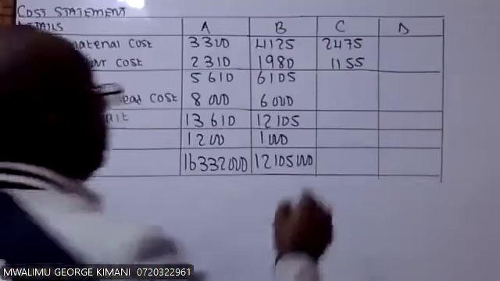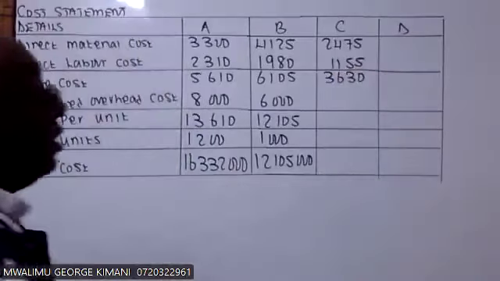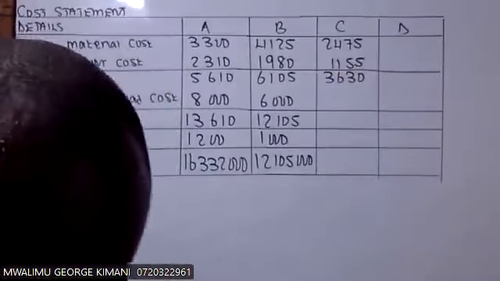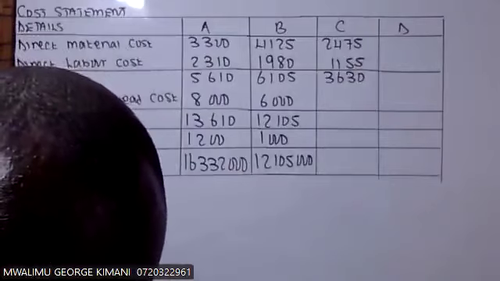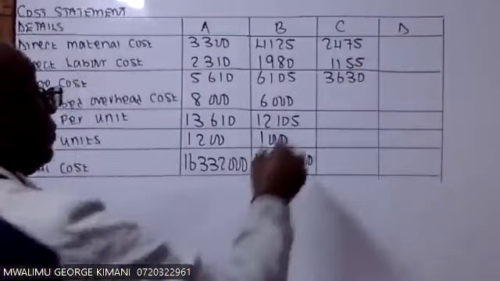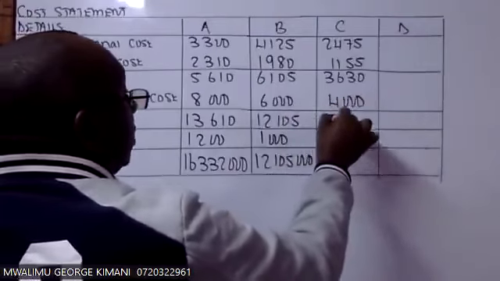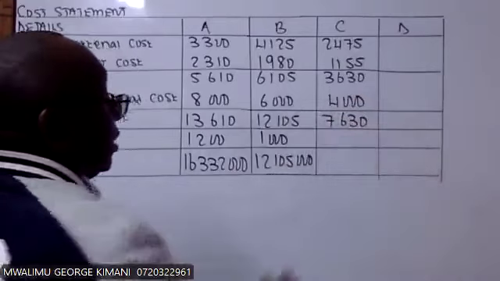That is 3630. Now, the overheads, we had 2,000 times 2. That was 4,000. So this is 7,630.